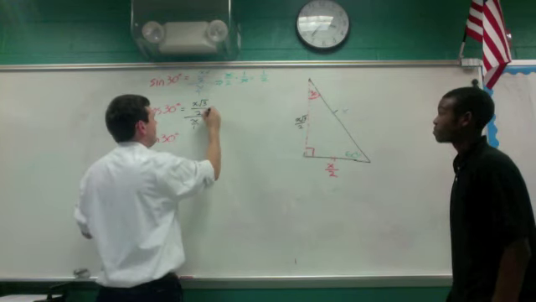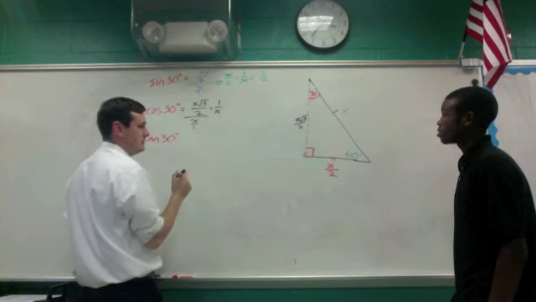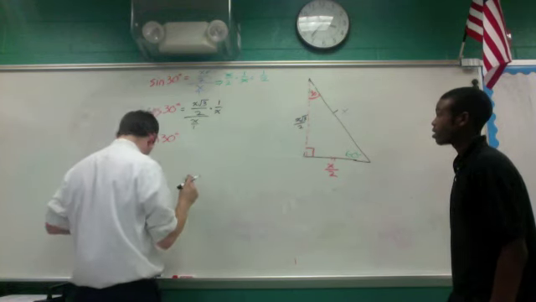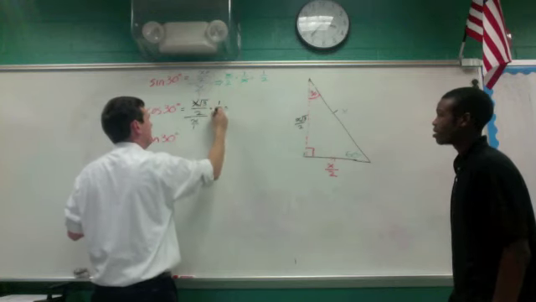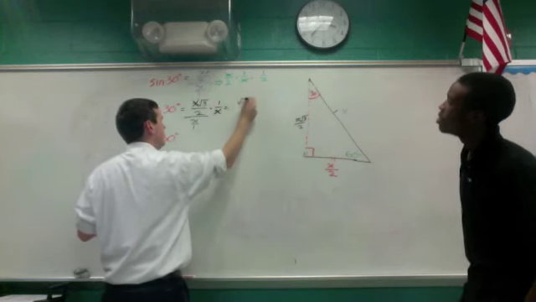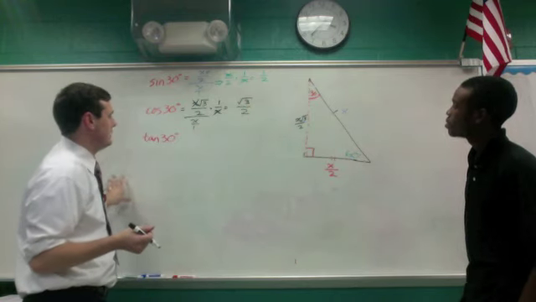So again, same thing. That's the same thing as times 1 over x. So that becomes, oh, now the x's cancel again. What I'm left with is root 3 over 2 for the cosine of 30.